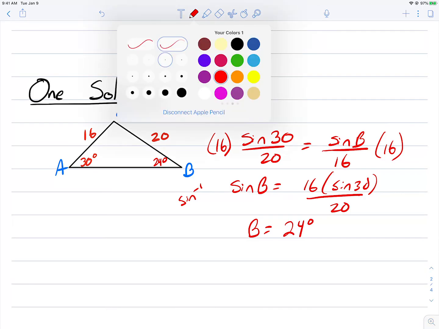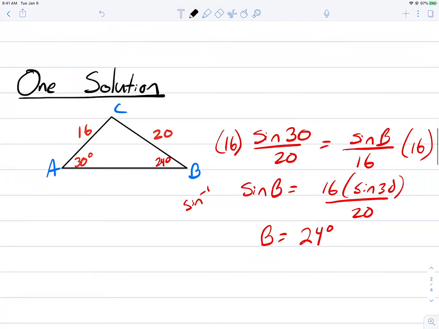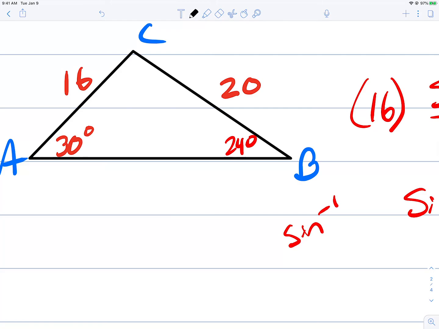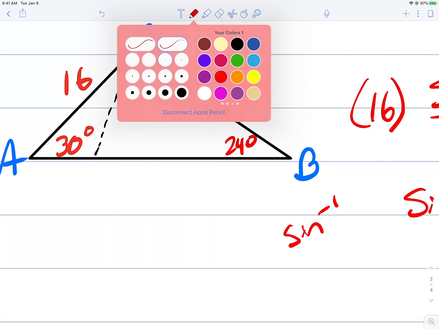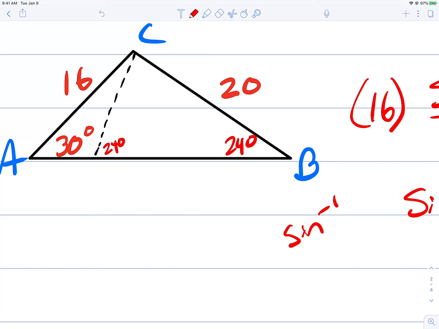Now let's do the same thing we just did with the other triangle. If I made a line go here so that I created, to the best of my ability, an isosceles triangle, that means that this is also 24 degrees. And the supplement to 24 degrees is 156 degrees.